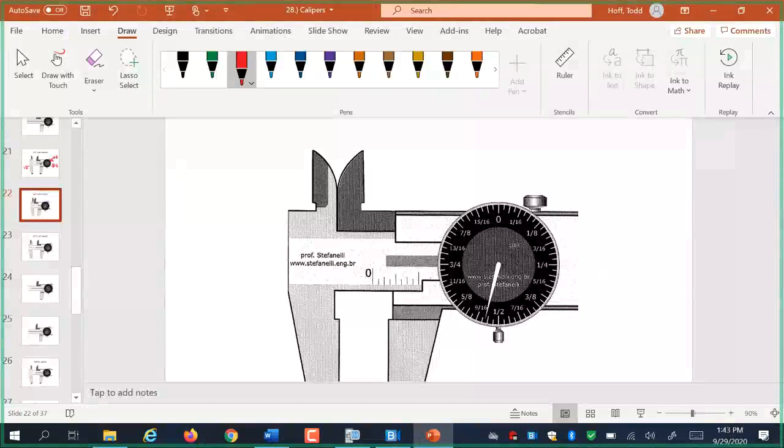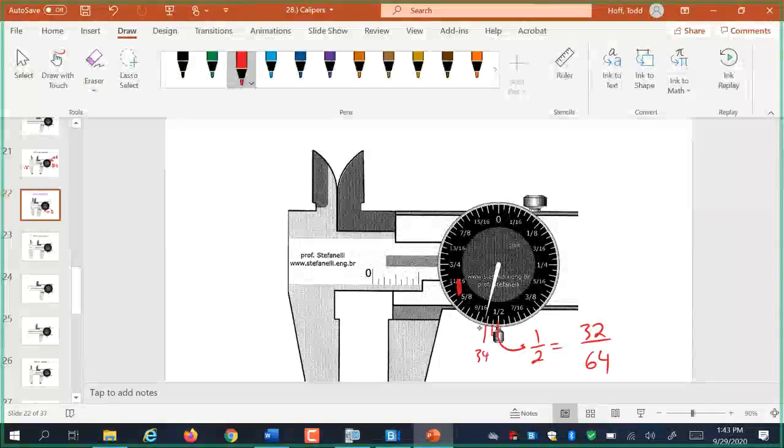Okay, so on this one, we have 0 whole inches. The 1 inch mark is back in here somewhere. So to get the 64ths, half an inch is how many 64ths? 32. 32 64ths. Good. So that's 32. This is 33, 34, 35.